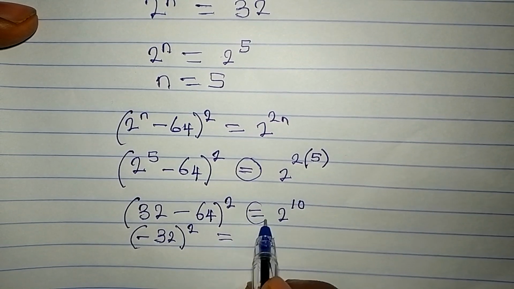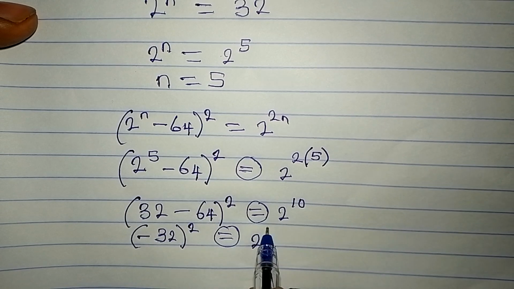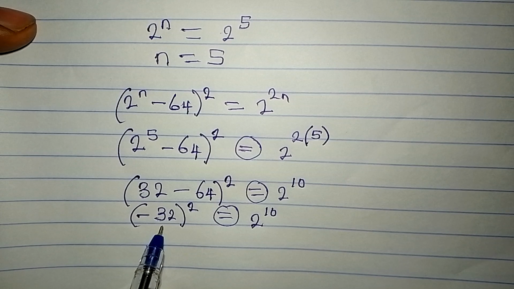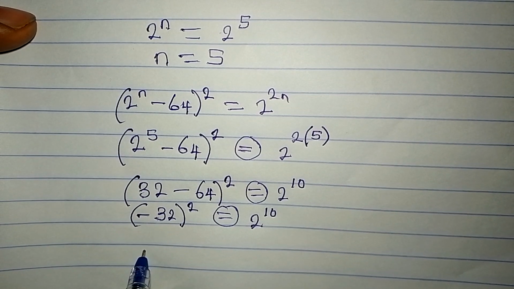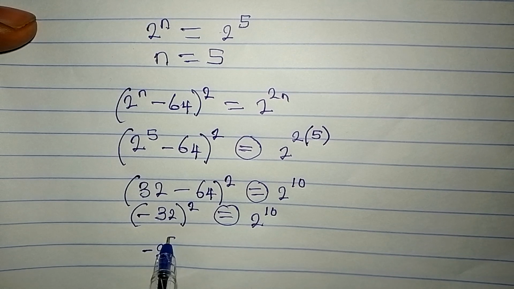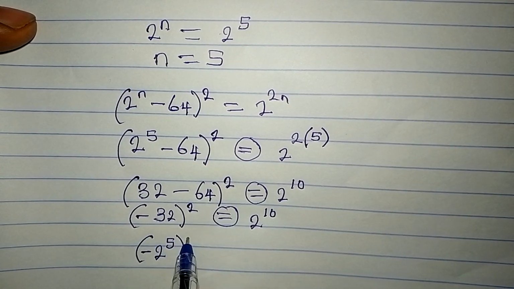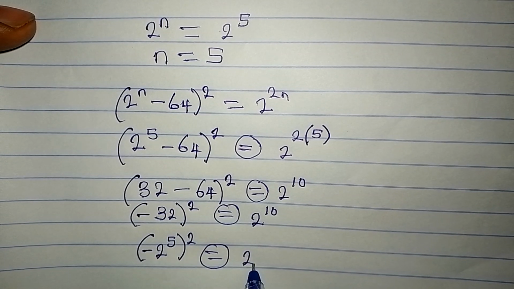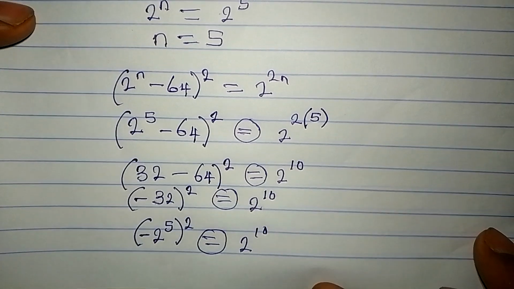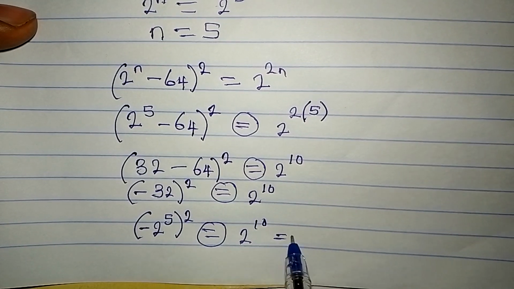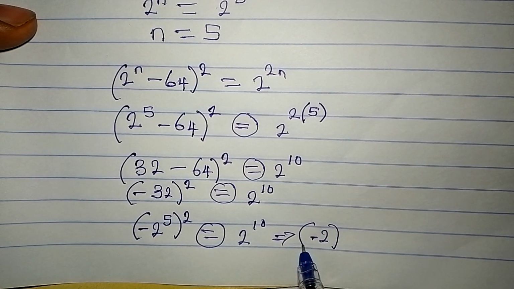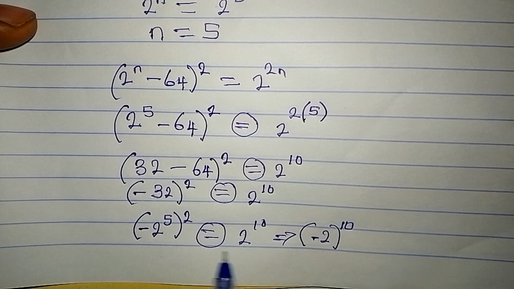Will this be equal to 2^10? Let's continue. We still have this 32 as negative 2^5, but then there is a 2 outside, and should that be equal to 2^10? Now I can equally open this bracket. If I open this, I'm going to have 2^10, because 5 times 2 will give us 10.